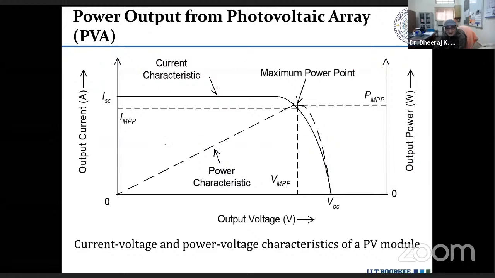Similarly, now using the solar photovoltaic characteristic, I computed the power output from the solar photovoltaic array. As we know, a solar photovoltaic module has a typical characteristic called the IV characteristic, and it is provided by the manufacturer at some specific condition.